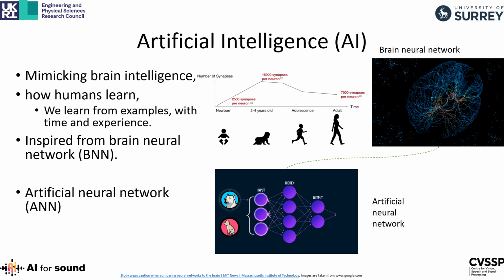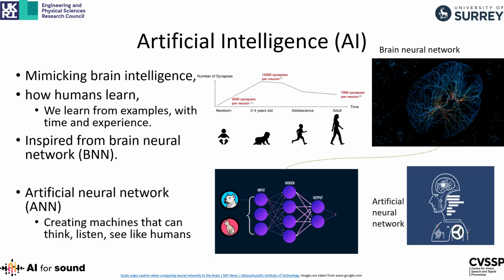For example, we can easily discriminate between a dog and a cat. An artificial neural network can be created and shown these examples of dogs and cats, building a system that can automatically detect dogs and cats in the future. So AI is about creating machines that can think, listen, see, and operate somehow like humans do.